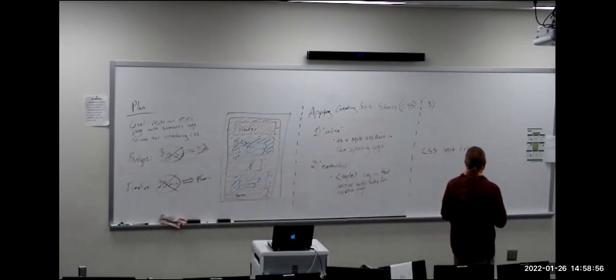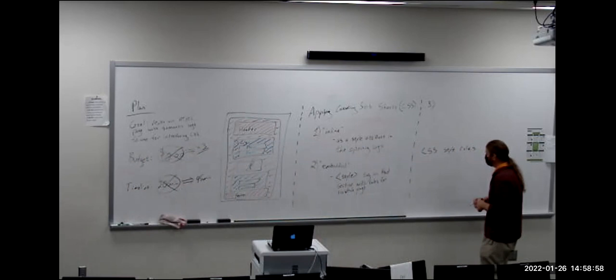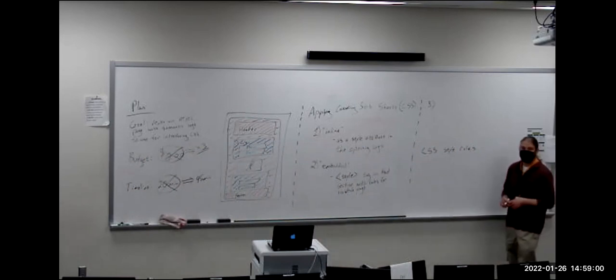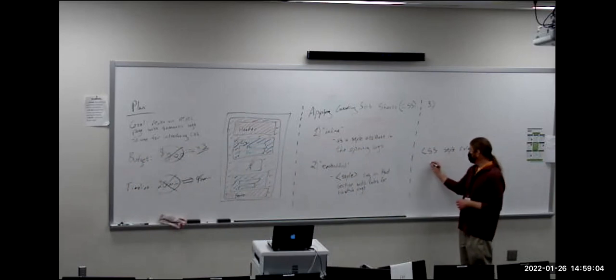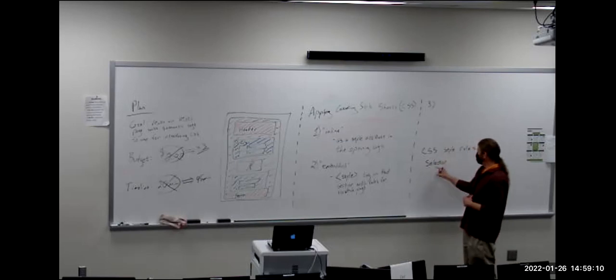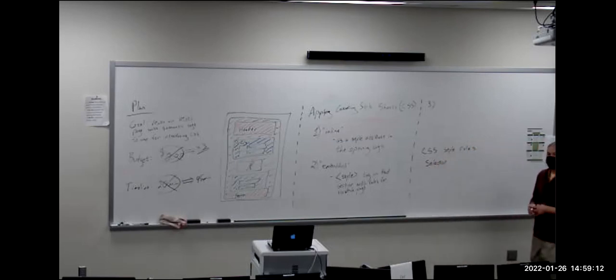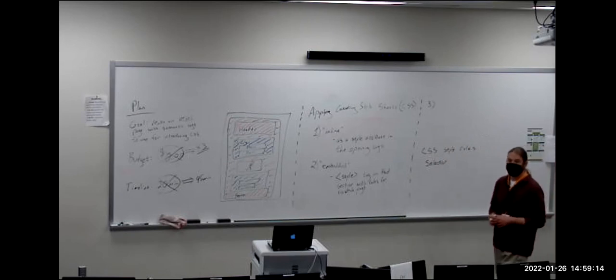So I'm going to follow a certain pattern here throughout the semester. And the first thing we have is the selector. So first thing we do is select which elements we are going to apply these style rules to.